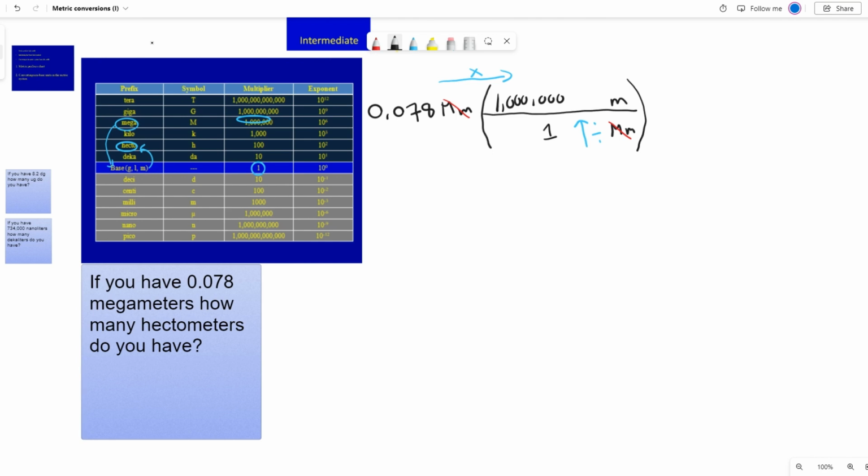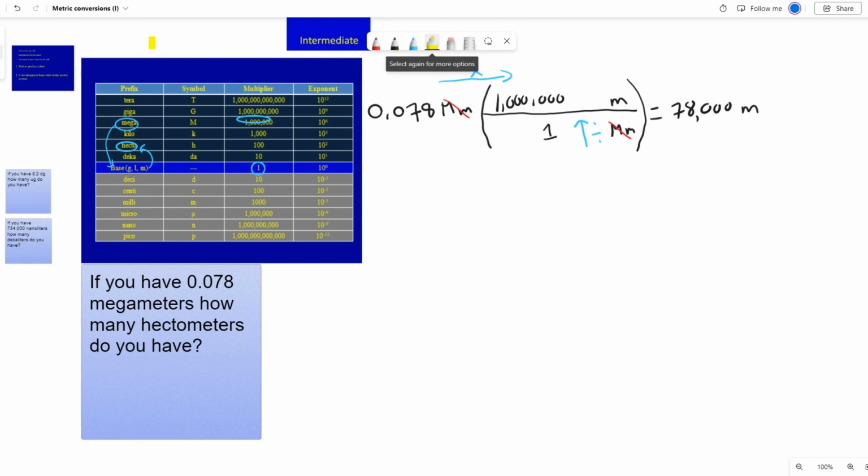So if we take 0.078, multiply it by a million, and then divide it by 1, we will get 78,000. And the units on that are going to be meters.